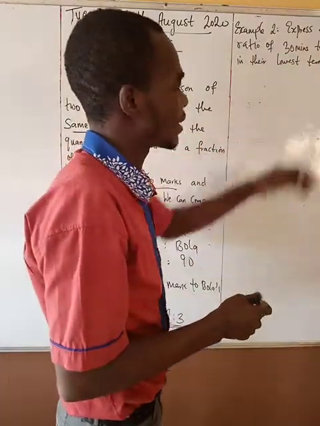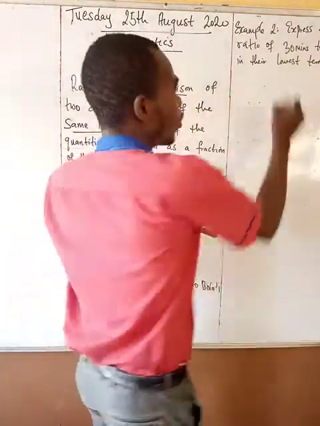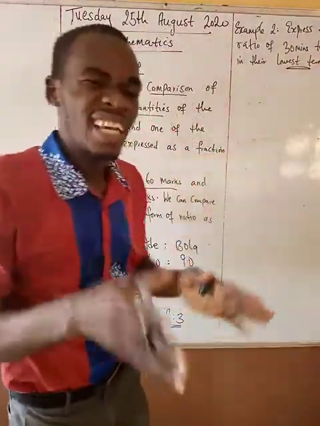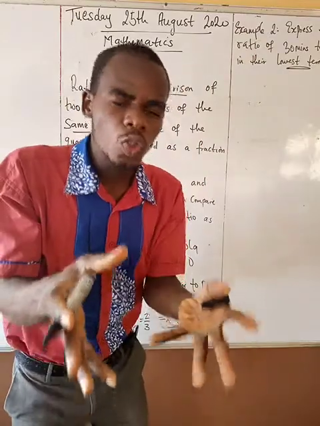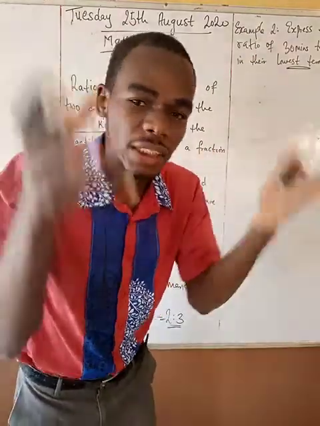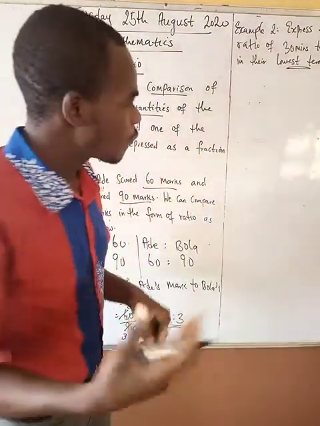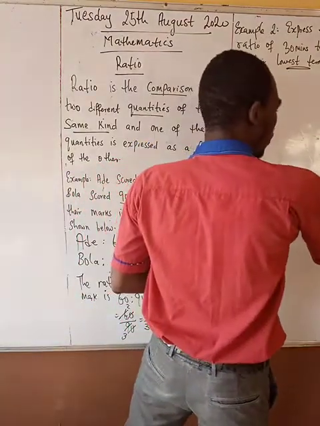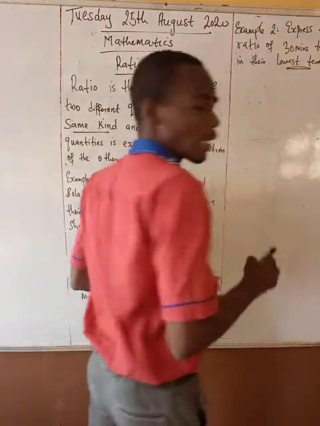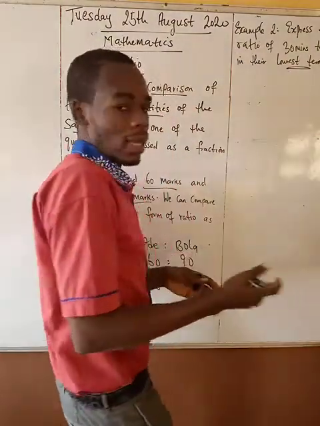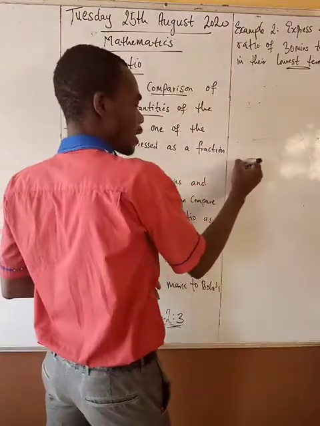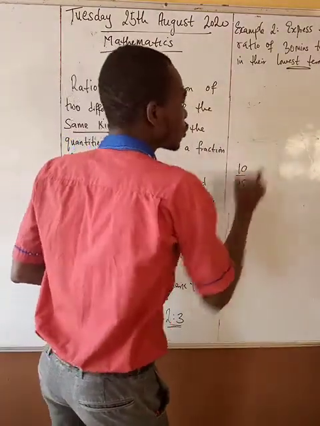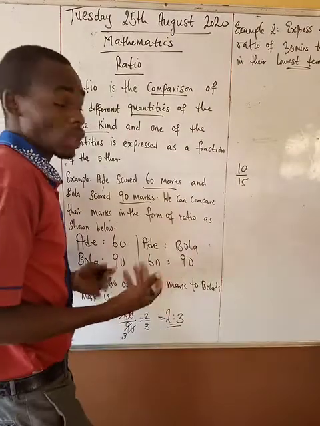So if we want to express the ratio of 30 minutes to 50 minutes in their lowest term, of course, when we say lowest term, it simply means bringing it down to the point that nothing else can divide. If, for example, they say we should reduce 10 over 15 to the lowest term, what are we going to ask ourselves? What can divide?